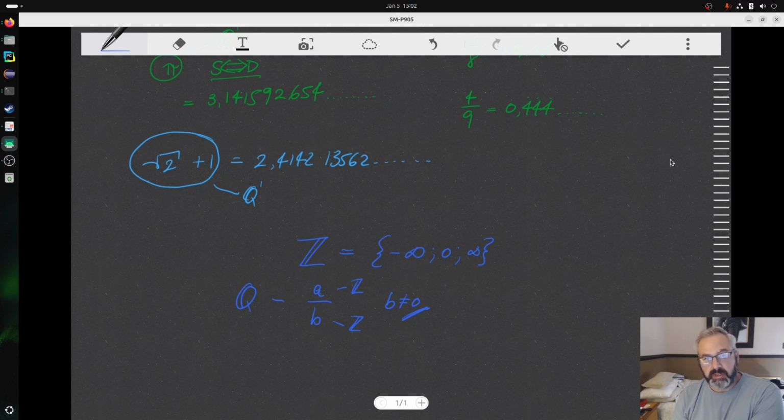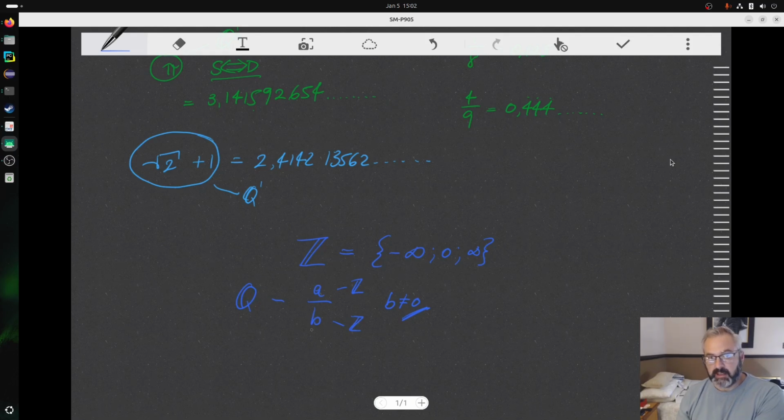You must remember that when you are working with fractions or ratios, the denominator may not be equal to 0 because you cannot divide by 0. You're going to create a black hole and suck the whole world up into that hole with you. So again, the definition of a rational number is any number that can be expressed as a ratio between 2 integers.